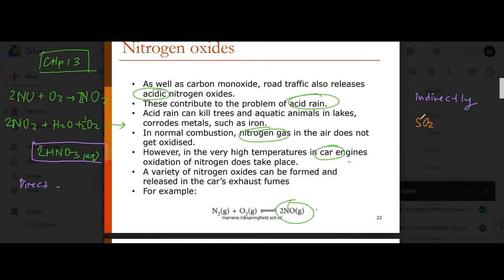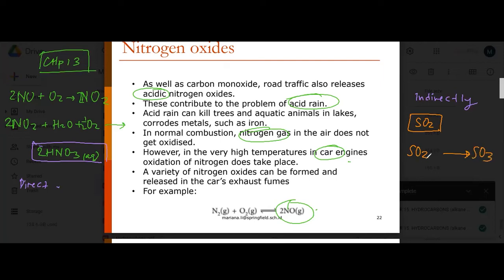You know that SO2 is also a pollutant that forms acid rain. But I want to focus on how nitrogen monoxide or nitrogen dioxide gives an impact to the formation of acid rain indirectly. This is by oxidizing SO2 to SO3.